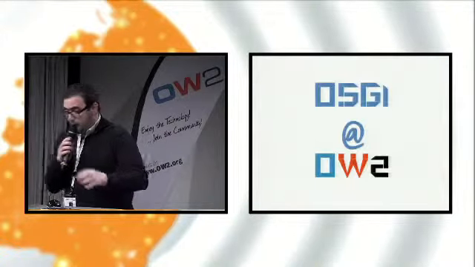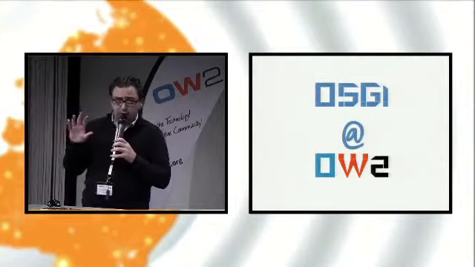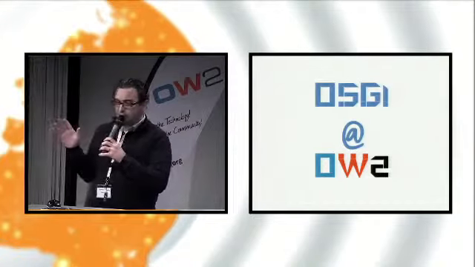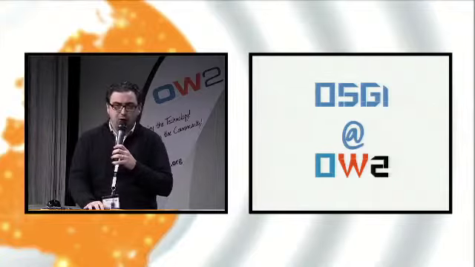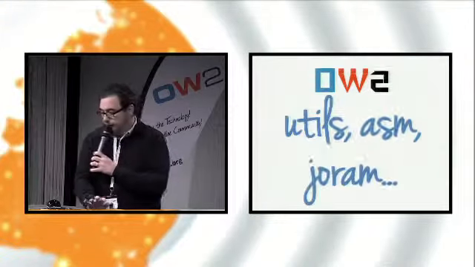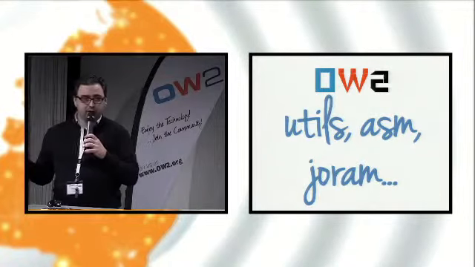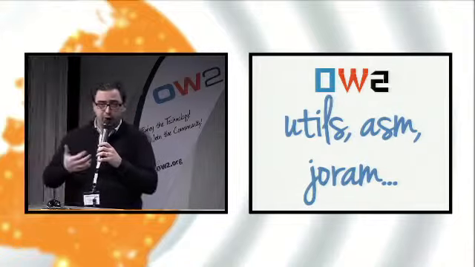So let's come back to the point, OSGi at OW2. The story started around 2005, and we have plenty of projects relying on or extending OSGi. Let's first see OW2 utils, which is a set of libraries packaged as OSGi bundles ready to be used.